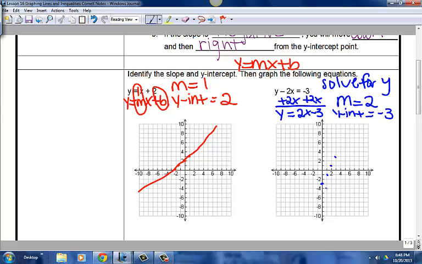I can do the same thing going down and to the left: down 2 and over 1, down 2 and over 1. Once I get a few points, I can go ahead and connect my line. Again, sorry, my line is not that straight, but you get the idea.